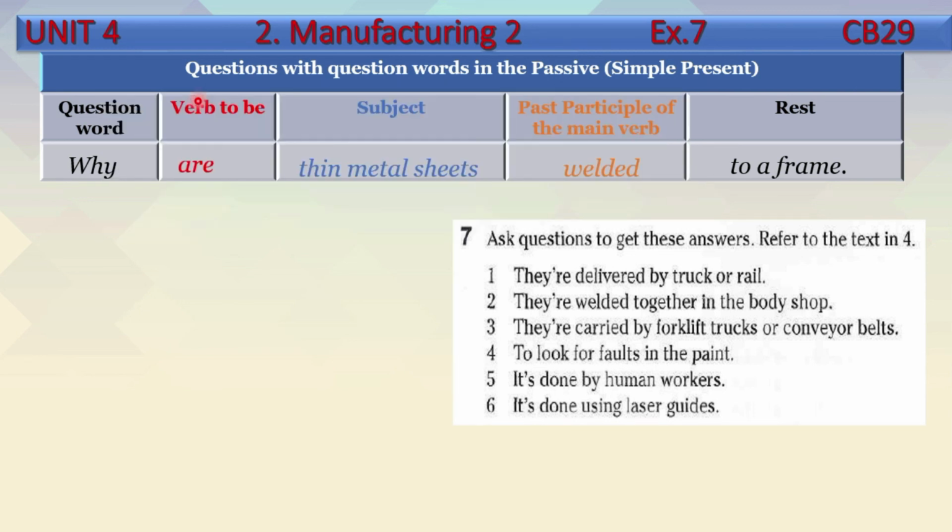And our verb is delivered, the past participle. The verb is deliver and the past participle is delivered. So, what is our question? How are the parts delivered? Excellent. Now, pause the video and complete the task.